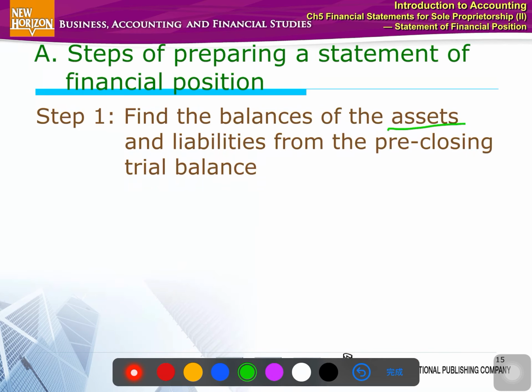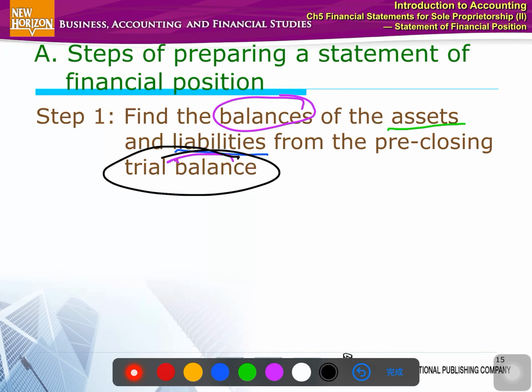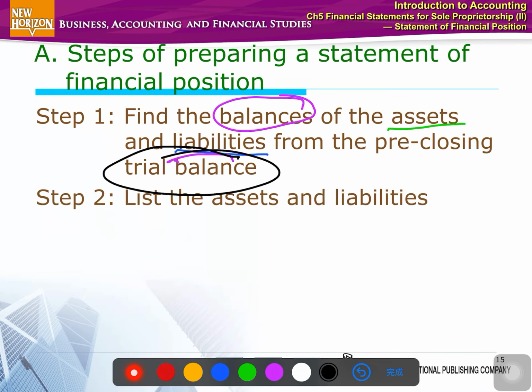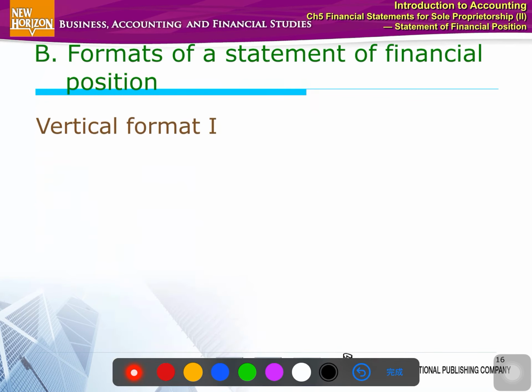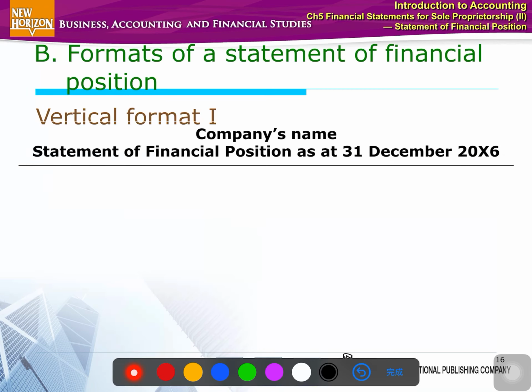First, we have to find all the asset and liability balances from the trial balance, and then list out all the assets and liabilities.